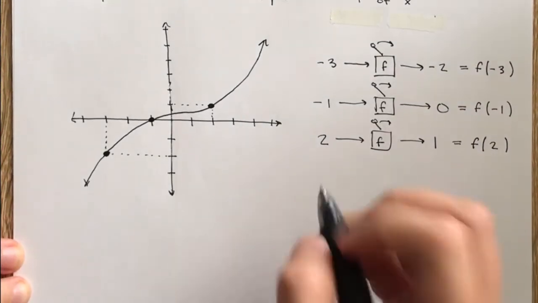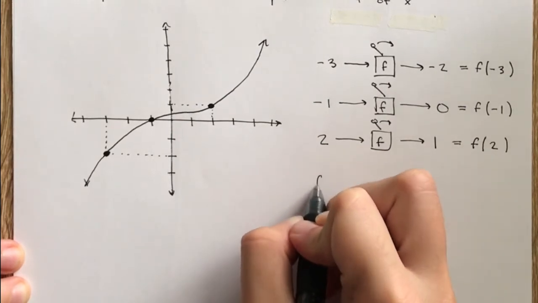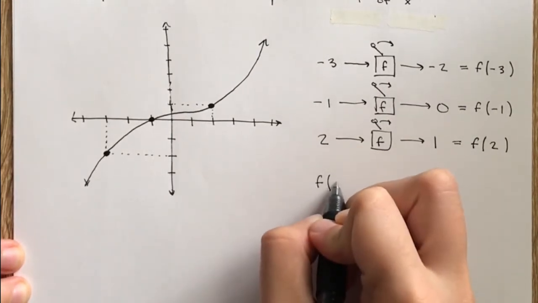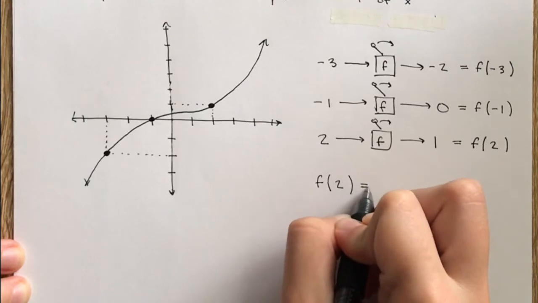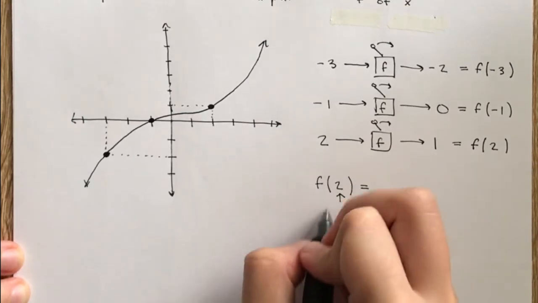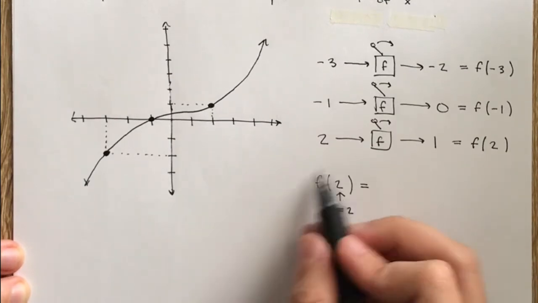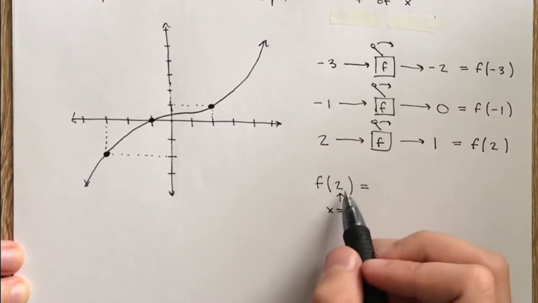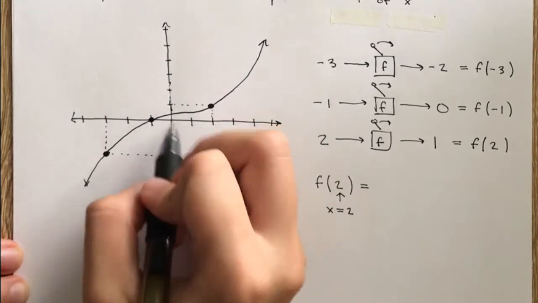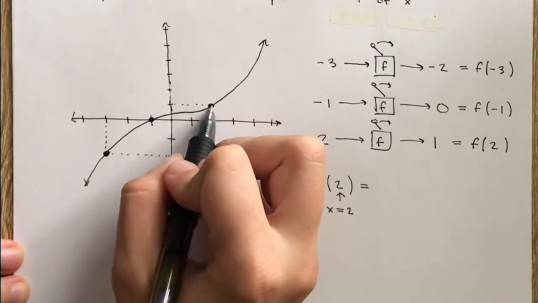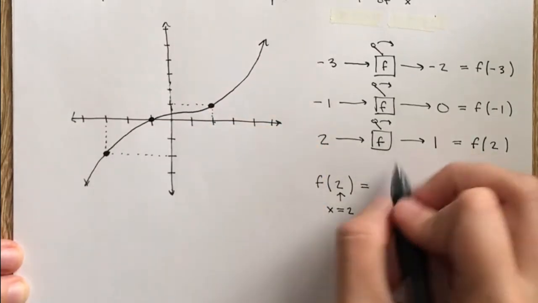For instance, if I asked you guys what is f of 2, the 2 means x equals 2. So it's asking what is our y value, what is our output when our input is 2. So input 2, output 1.